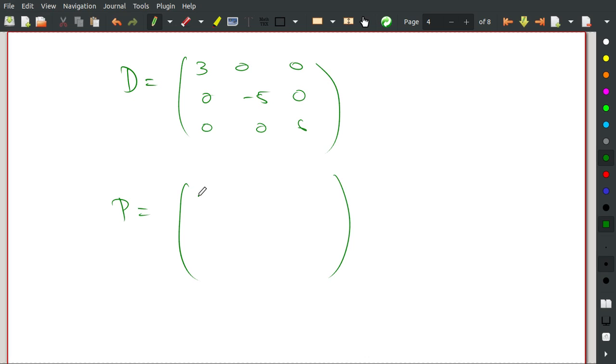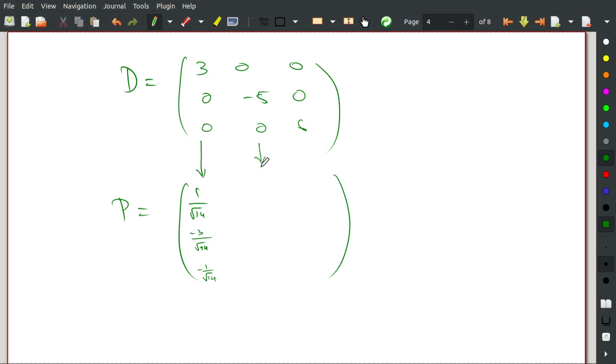For 3 we have 1 by root 14, minus 3 by root 14 and minus 1 by root 14. This corresponds to this 3, okay?